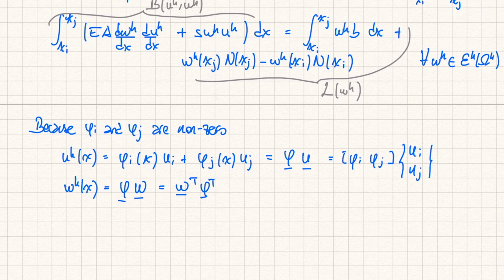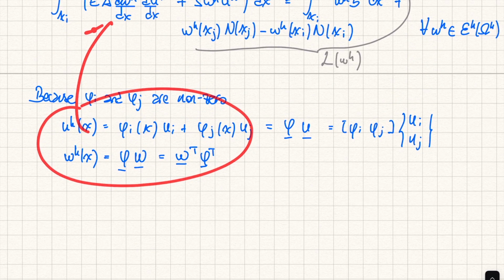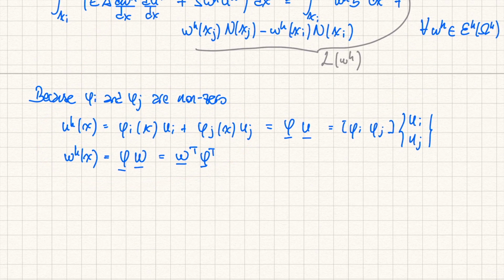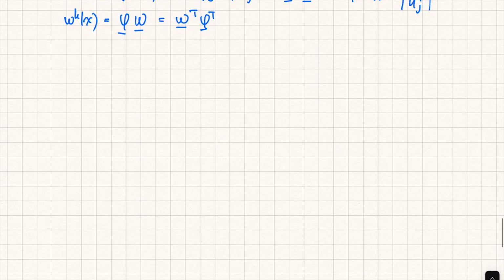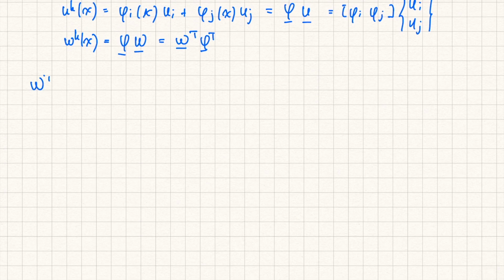The idea now is I take these two expressions and then I'm going to plug them in this equation here, and then we see what we get in matrix form, right? That is the idea. And what we get when we do this is, well, I have my vector w^T, and then I have, again, integral from x_i to x_j, EA, B transpose B, and I will explain what that is.